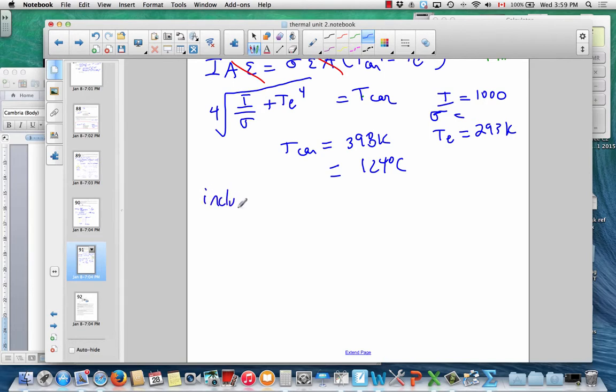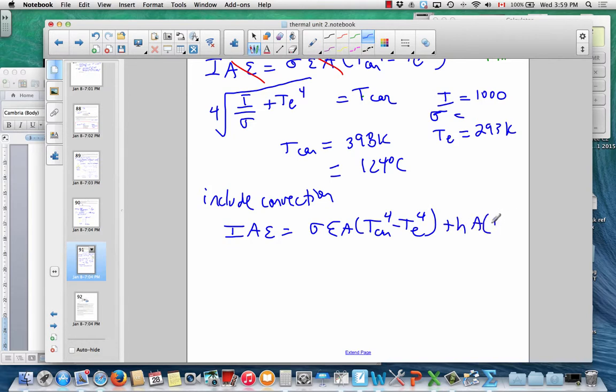So if we want to get something a little more realistic, let's allow the car to cool convectively as well. Then when we write our balance equation, yes, we'll have the radiative loss of the car to the environment, but we'll also have a convective term.